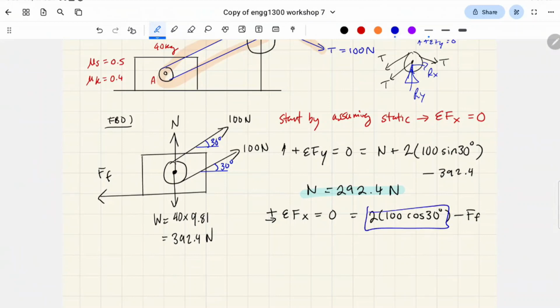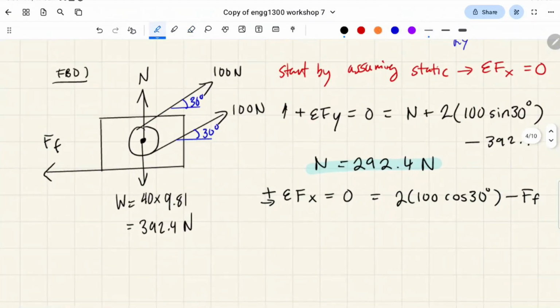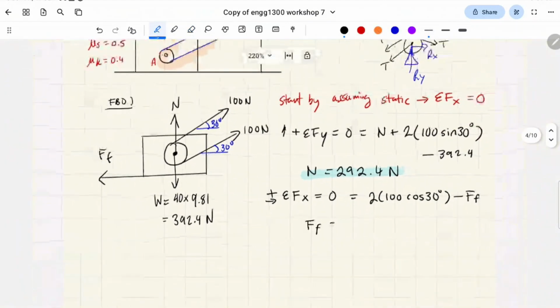So 2 lots of the tension force in the x direction. And here we have FF, which is our unknown friction force, which we can solve for.